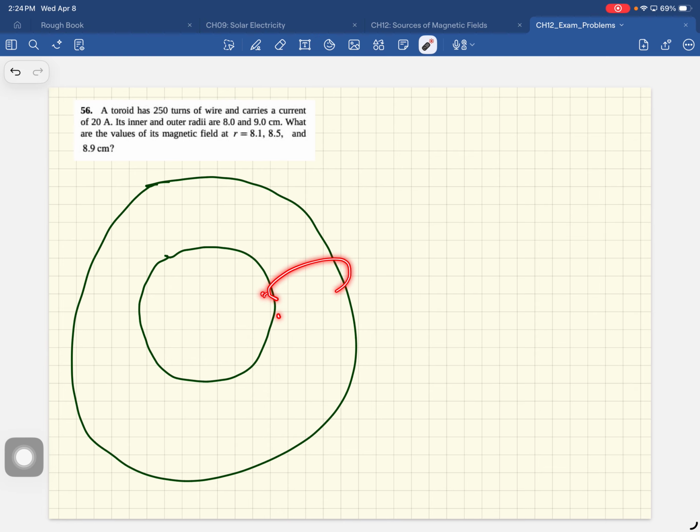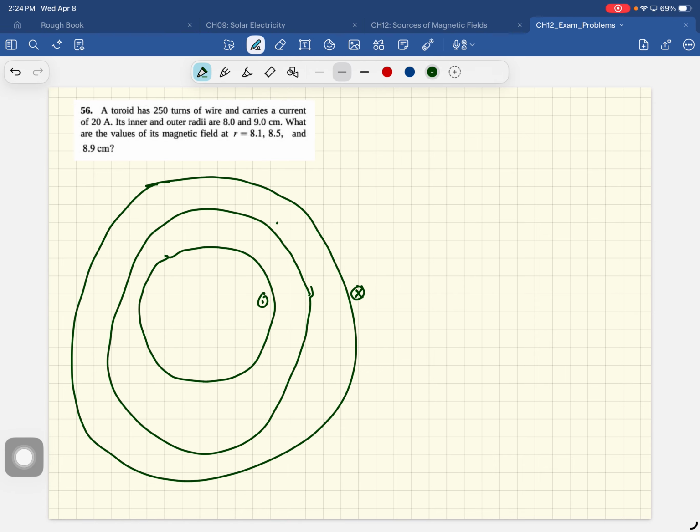And what you get is 10 to the minus 3, 2 times 2.5 times 20 divided by 8.9, in Tesla. So this is the field at the outer edge.